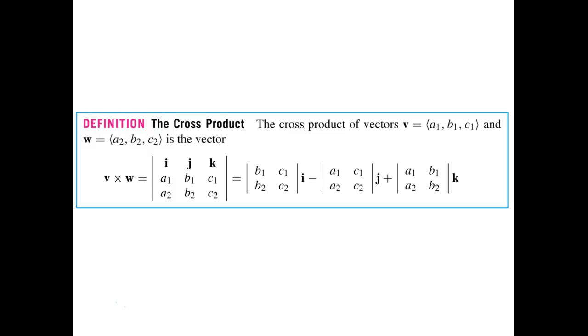First row is I, J, K. Second row are the components of V. And third row is the components of W. And then they're just going to cross things around a little bit. This determinant times I minus this determinant times J plus this determinant times K. Now, that's one way to do it.